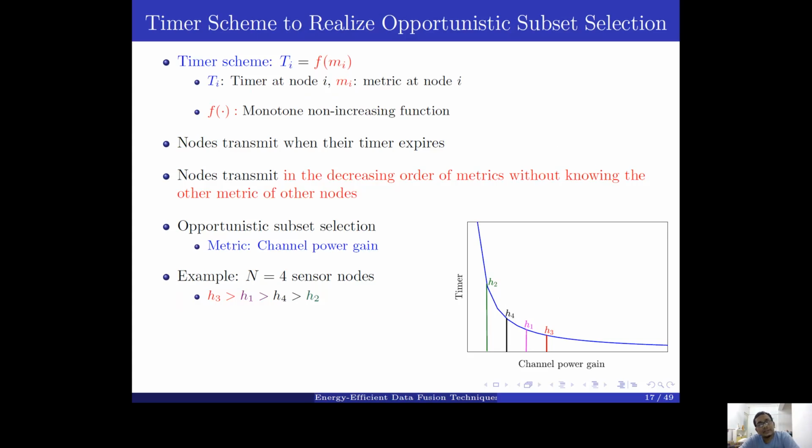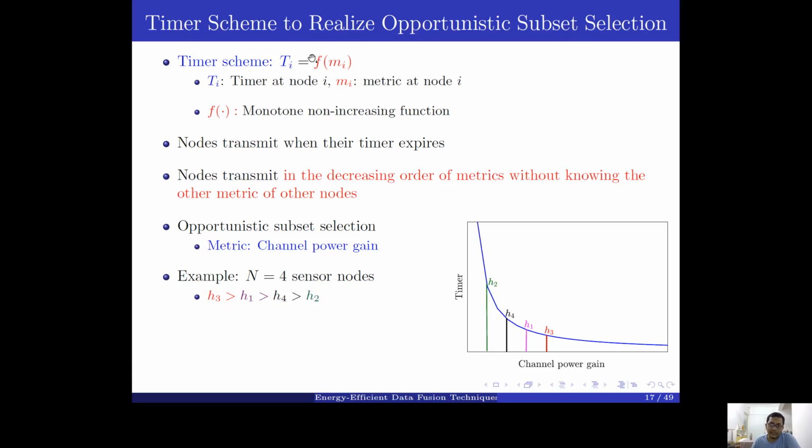Before going into the details of the scheme for energy harvesting wireless sensor networks, let's first try to understand how such an ordered transmission scheme can be realized. This brings us to the timer-based scheme. In the timer-based scheme, each node maintains a timer Ti, which is a monotone, non-increasing function of a locally computed real number called metric.